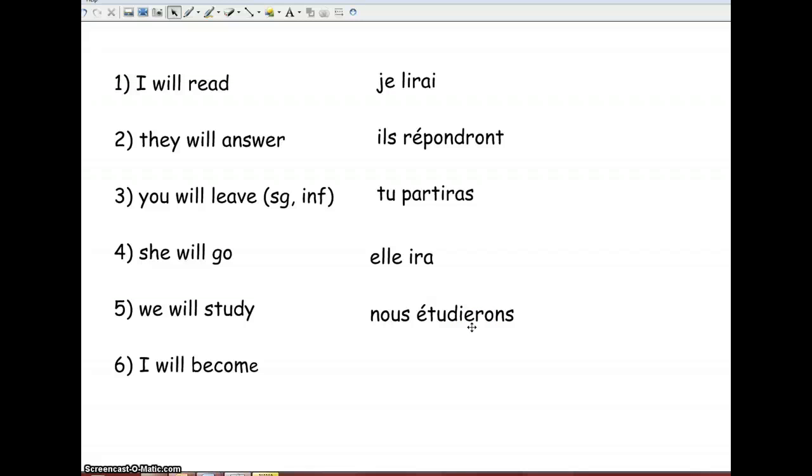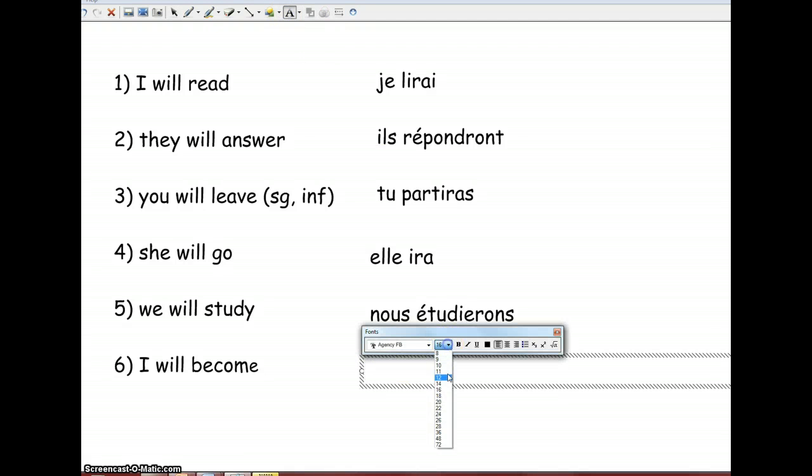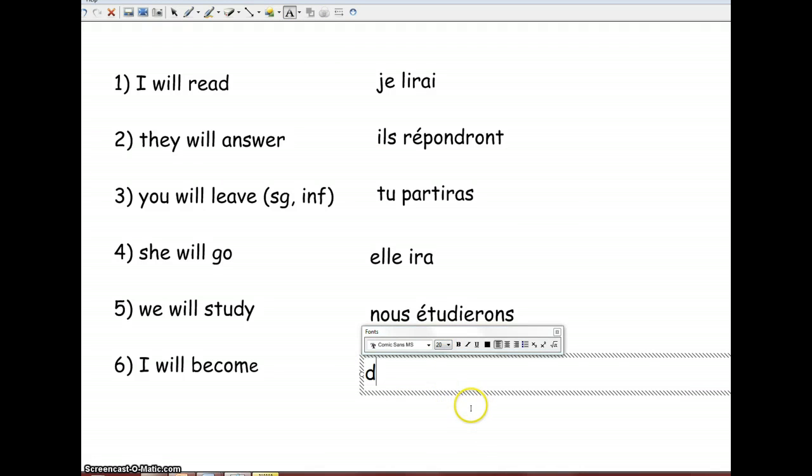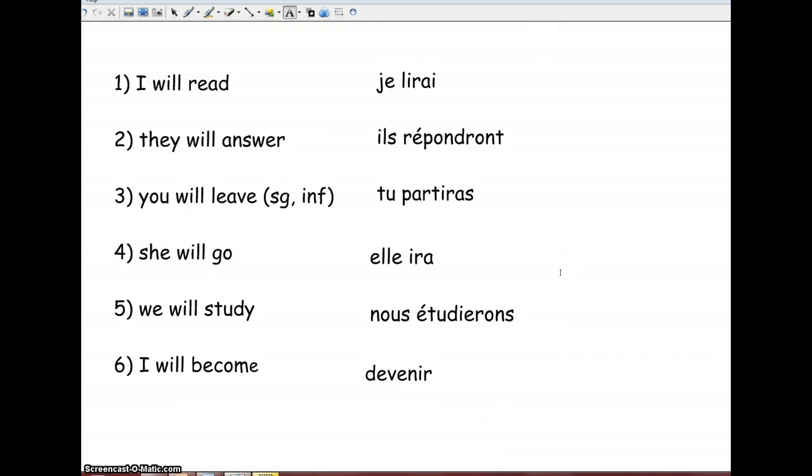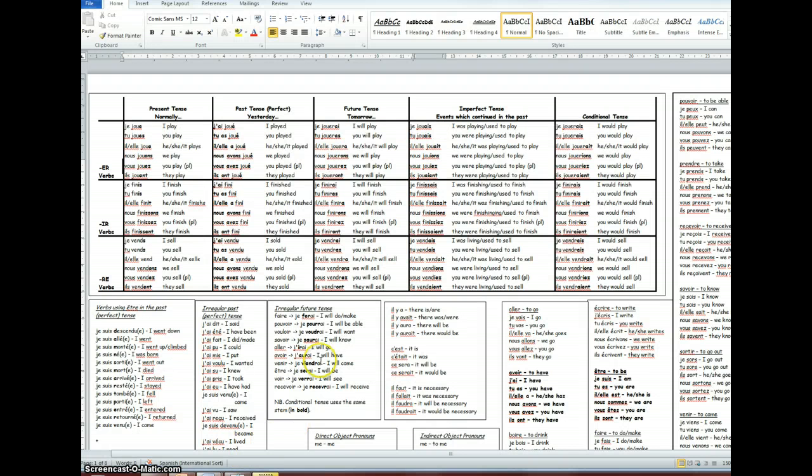Right. I will become. To become is devenir. So that needs to be looked up if you didn't know it. And with devenir, we need to check to see whether it is on the irregular future tense list. At first glance, it's not there.